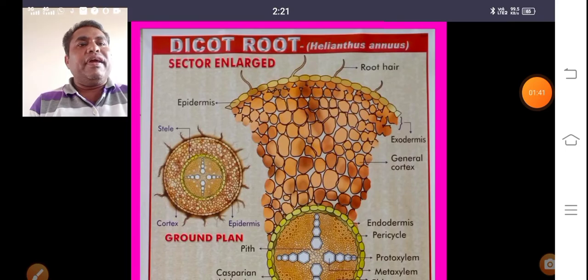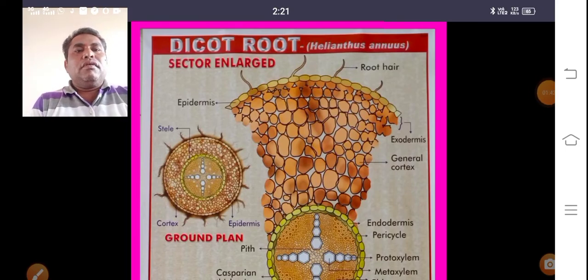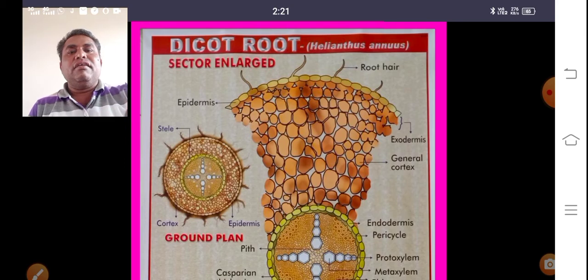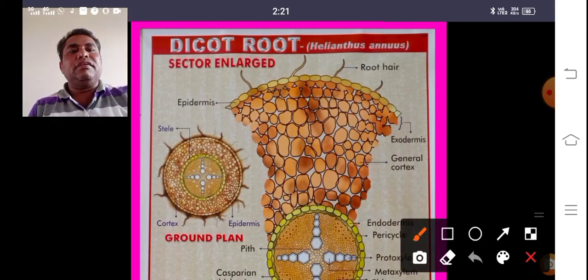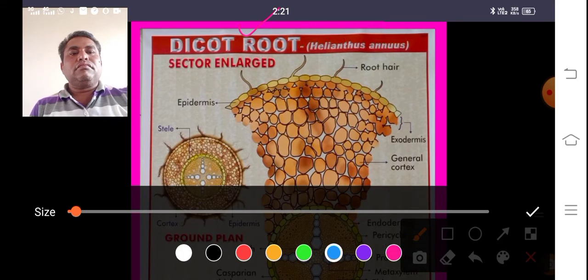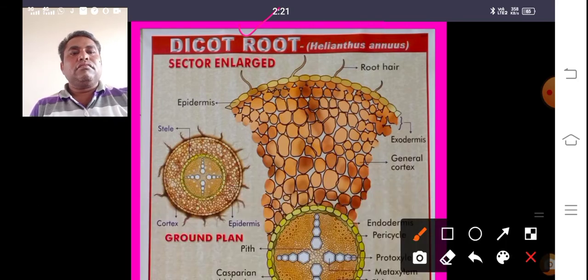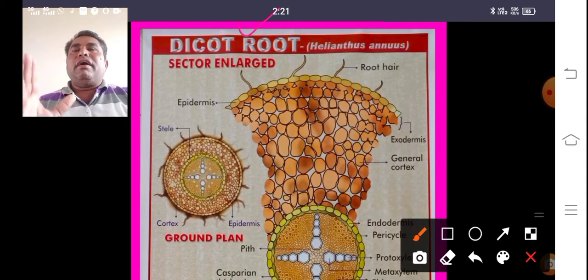So a typical example to study the anatomy of the dicotyledonous root. Briefly, here they mentioned dicot root. You know that plants are generally divided, depending on the seed having cotyledon number, into dicot and monocot.